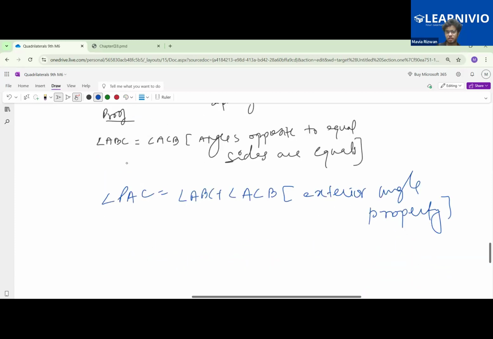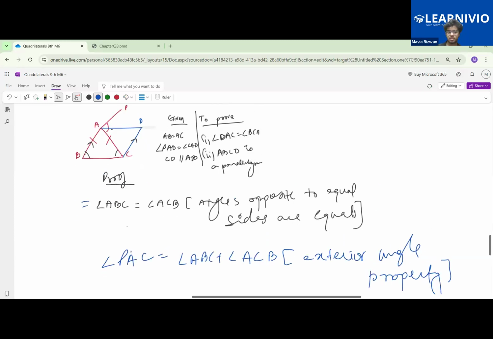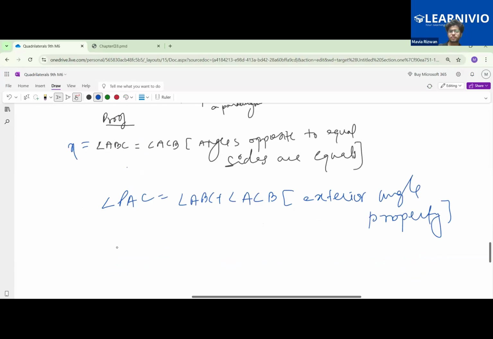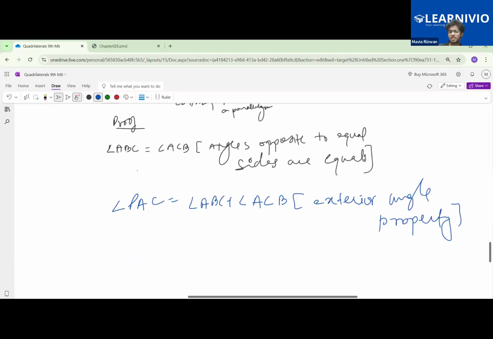But angle ABC is equal to angle ACB. So instead of angle ABC, write angle ACB only here. So angle PAC would be equal to, instead of angle ABC, I'm writing angle ACB, so angle ACB plus ACB again.